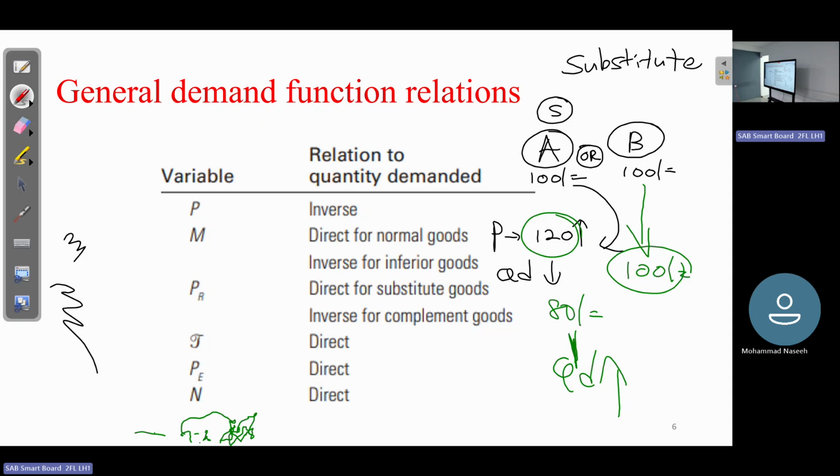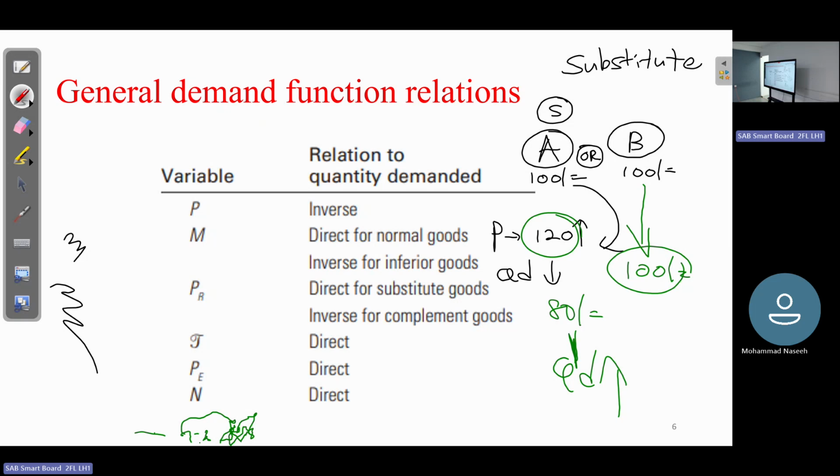When the price of selected product increases, the price of substitute does not change. Therefore, substitute product becomes cheaper than selected.